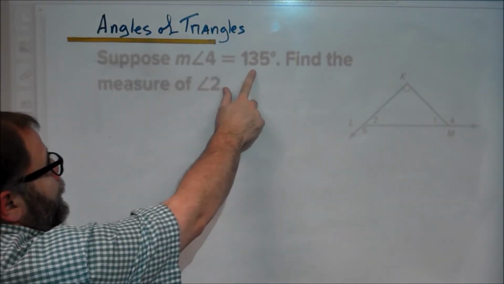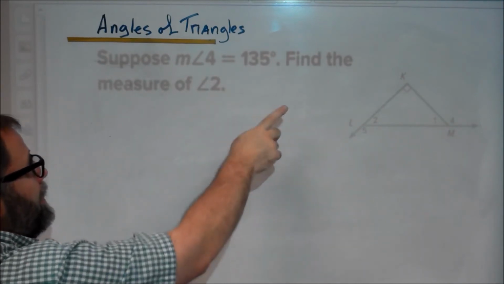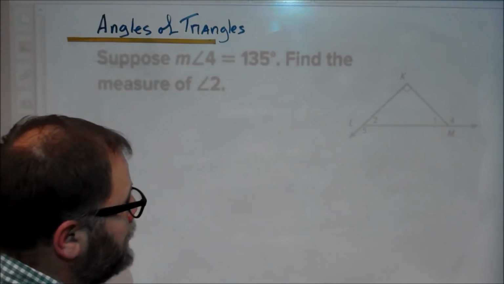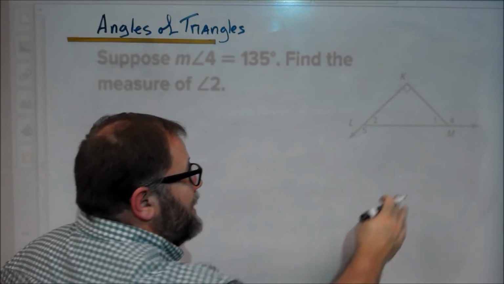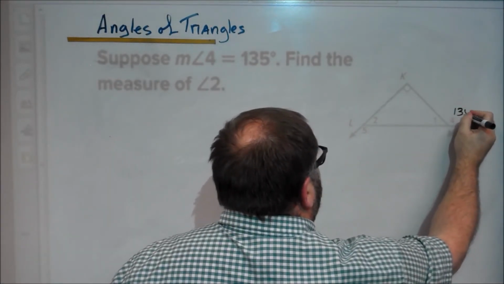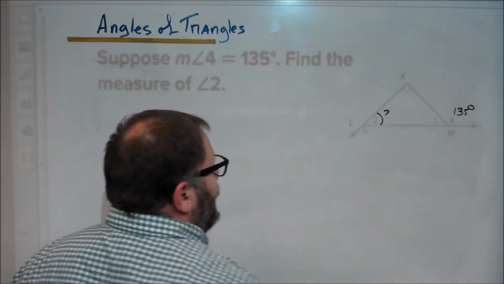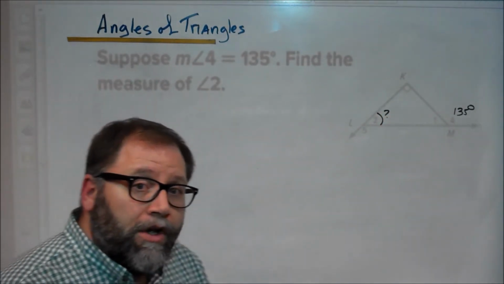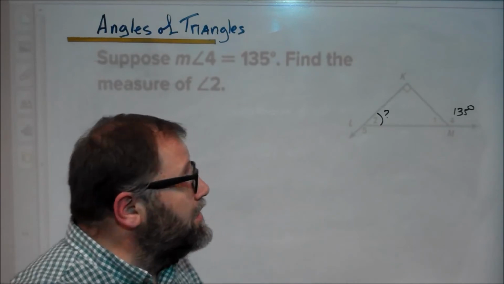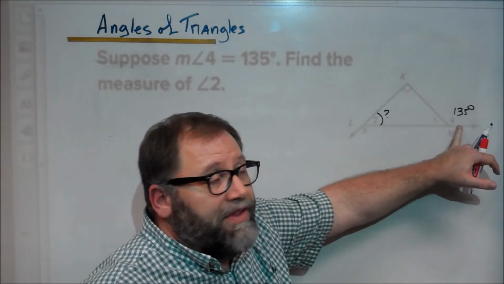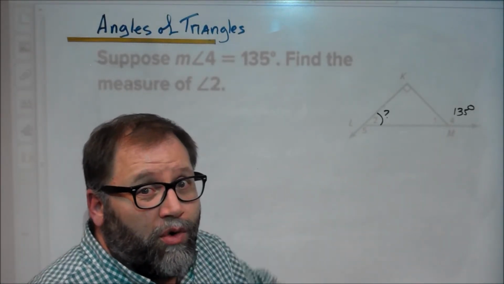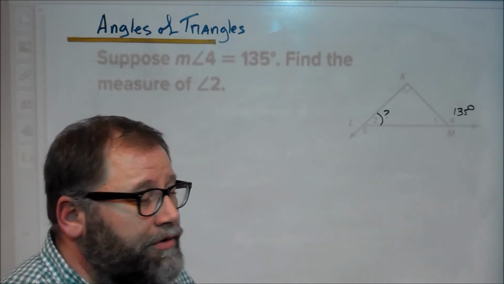Suppose that the measure of angle 4 is 135 degrees. Find the measure of angle 2. Let's find what we're talking about here. So the measure of angle 4 here is 135 degrees, and this is angle 2 we do not know. Go back to our understanding of how this works. I've got an exterior angle, and that exterior angle is equal to the two remote interior angles.